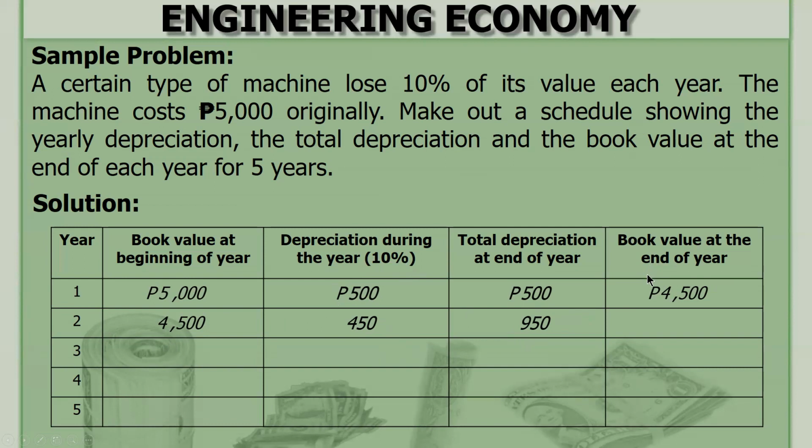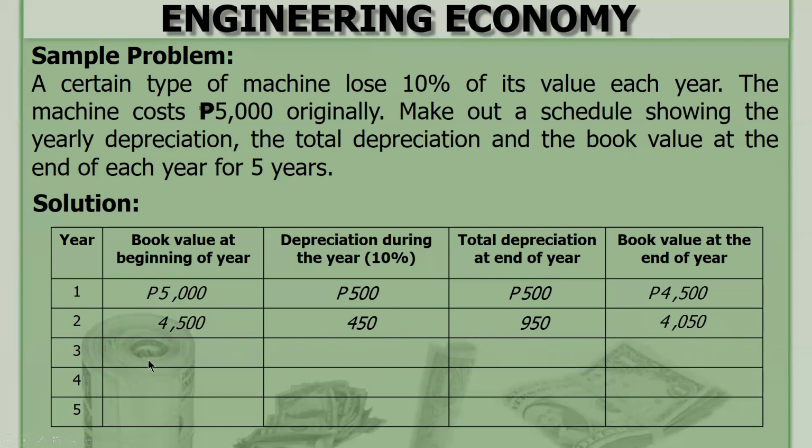So the book value at the end of the year will be, it's either you analyze this one as 4,500 minus 450, or first cost minus the total depreciation would be the book value. Same lang, right? 5,000 minus 950, it's 4,050, or 4,500 minus 450, it's 4,050.